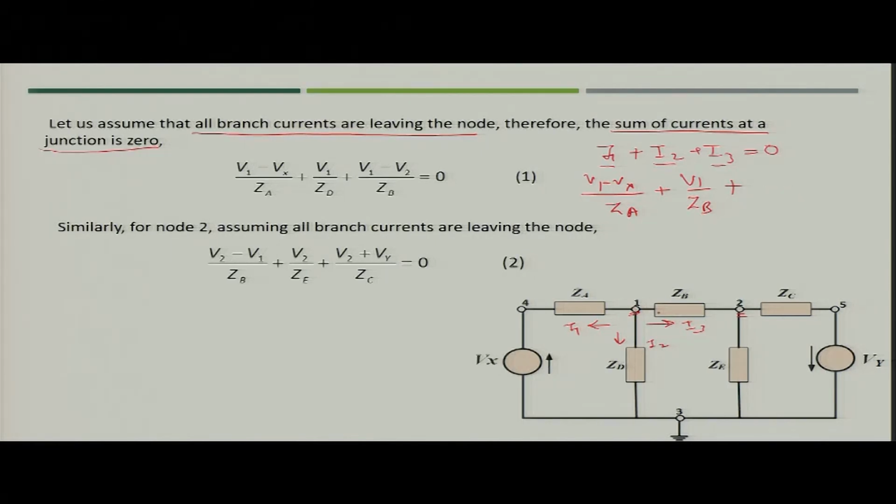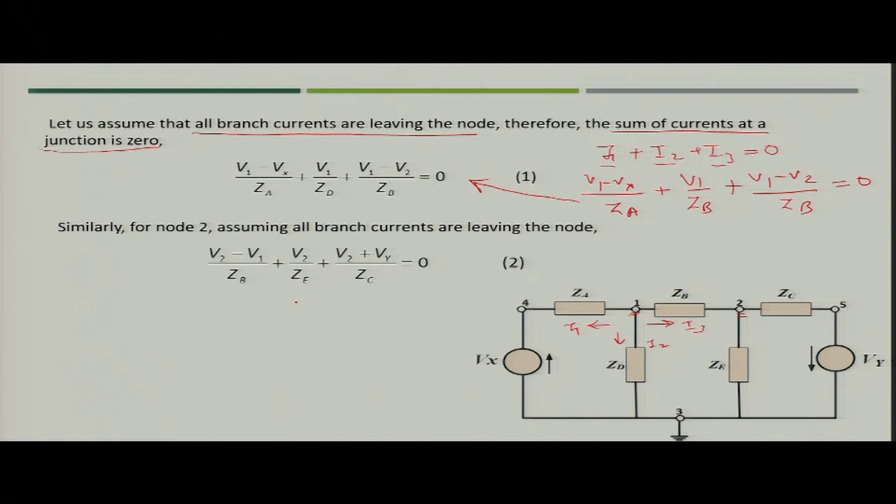I3 would be V1 minus V2 divided by the impedance ZB, and that would be equal to 0. So, this is what you will get in case of node 1.